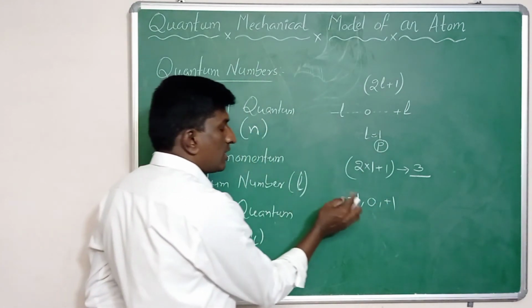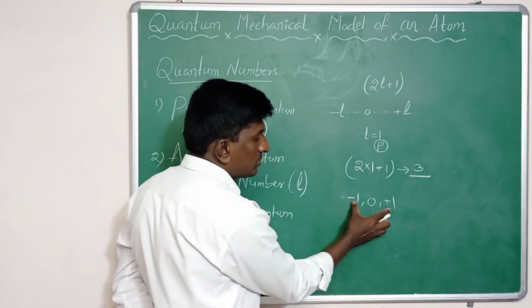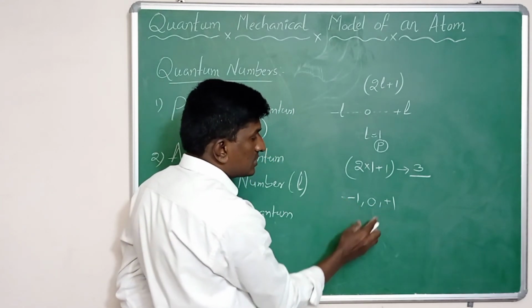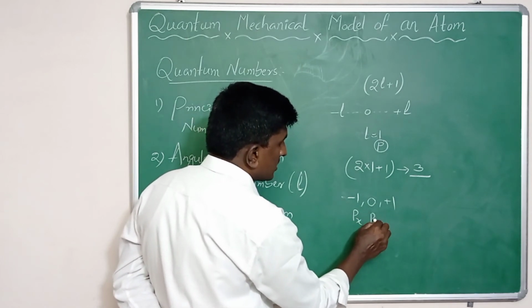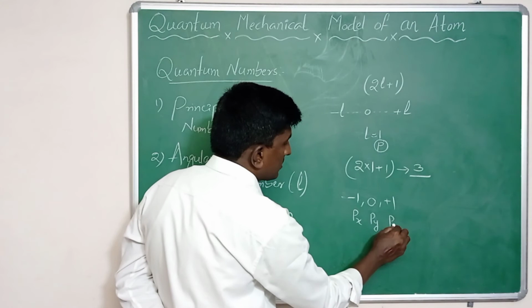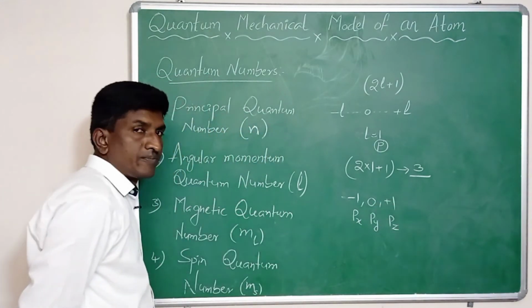These p orbitals are denoted with px, py and pz.